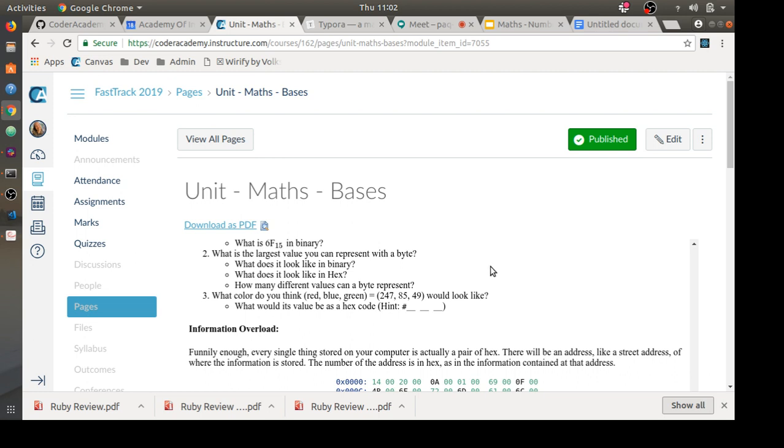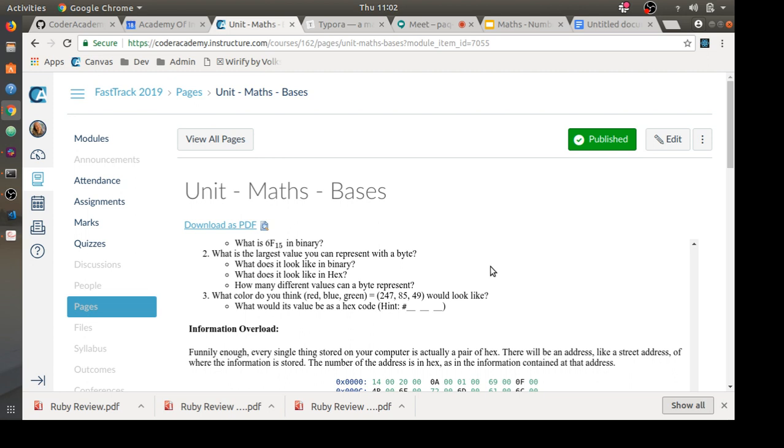Okay, so the largest value you can represent with a byte would be what? In binary, what would it be? 8 bits? Yep, 255. So in binary, that would be 11111111.